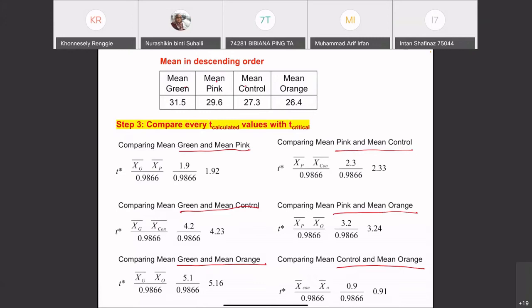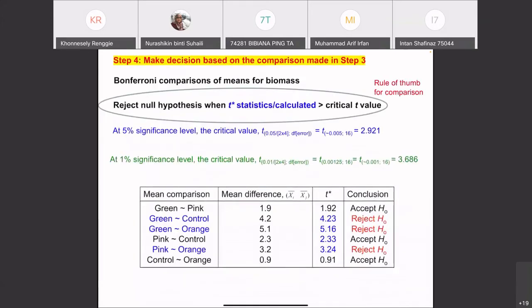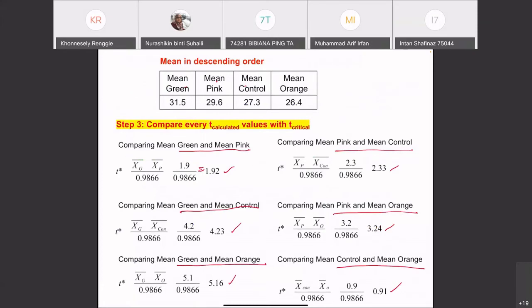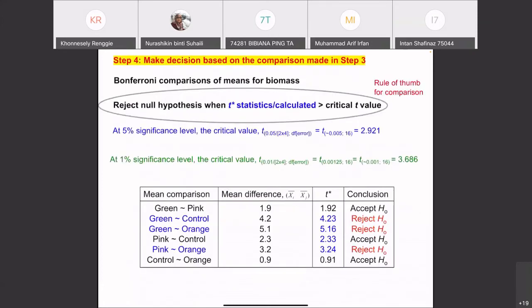And we know just now that we have to find out the T calculated for every pair. This is the T calculated, right? And once you have that, you know the T critical. There's only one T critical value.